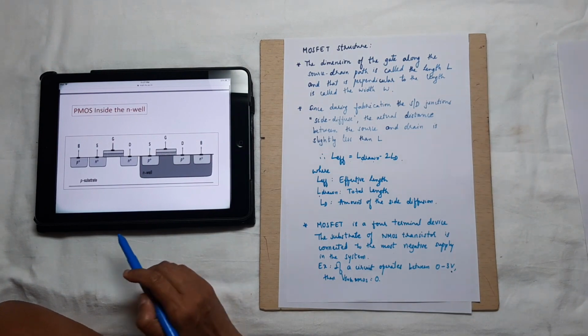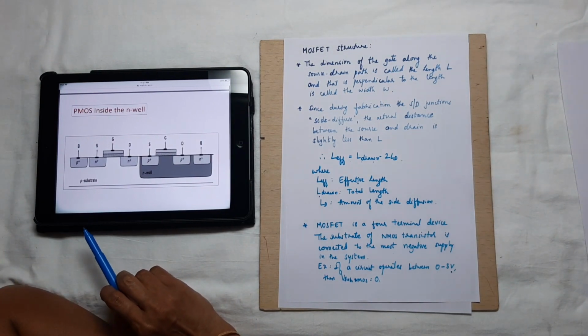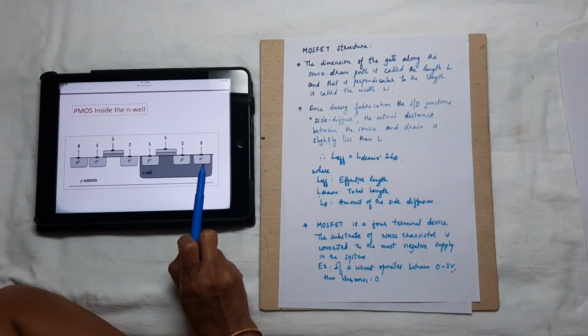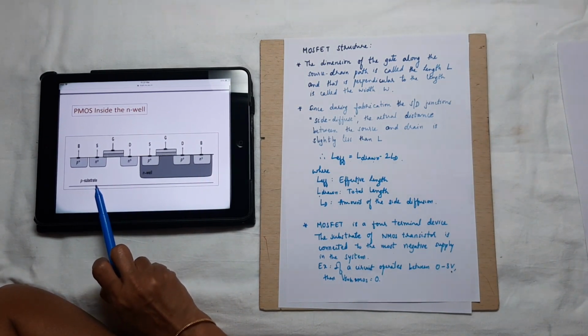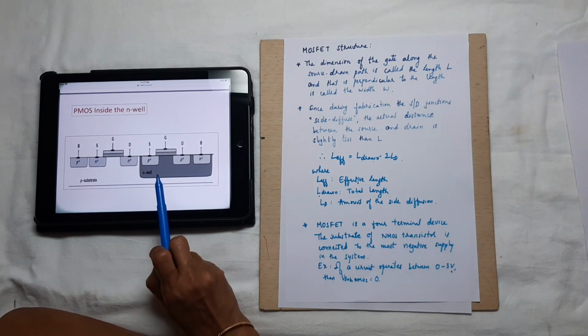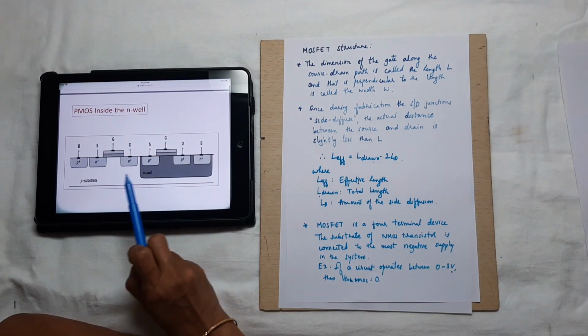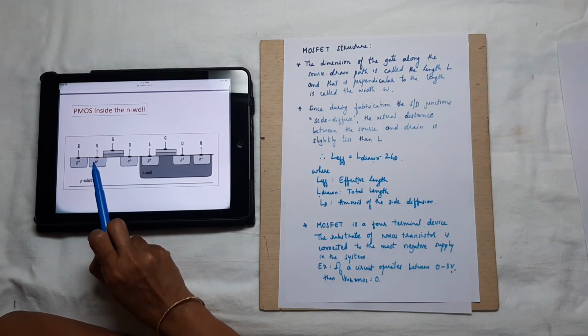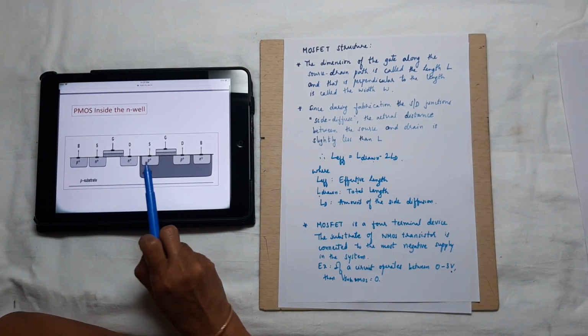If we study the CMOS transistor, CMOS consists of both the N transistor as well as the P transistor. It starts from the P substrate, and we have the N well fabricated, or diffused, into the P substrate. In the N well we have the P transistor, and in the P substrate we have the N transistor. This is the N transistor, and this is the bulk of the N transistor.